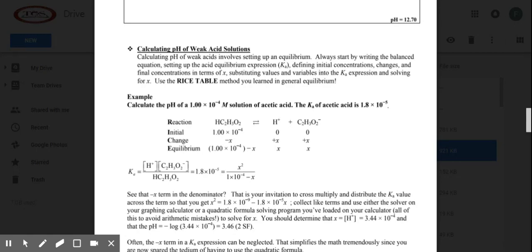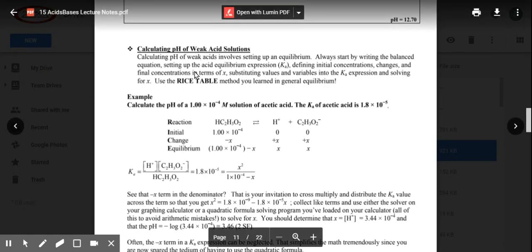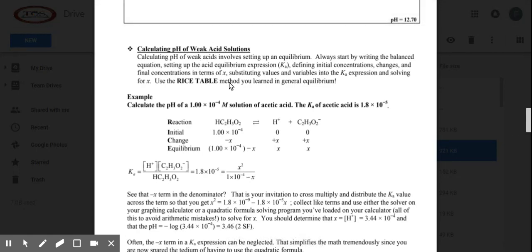So when we are trying to figure out the pH of weak acids or weak bases, our goal is to figure out how much of the hydronium ion, or how much of the hydroxide ion if I'm working with bases, that I have. If I know that amount, then I can plug it into my pH formula, or my pOH formula if I'm working with bases.